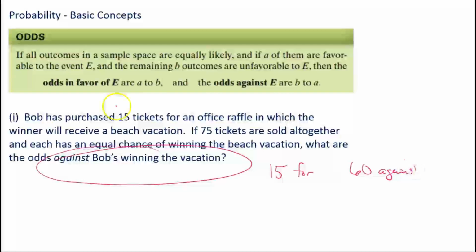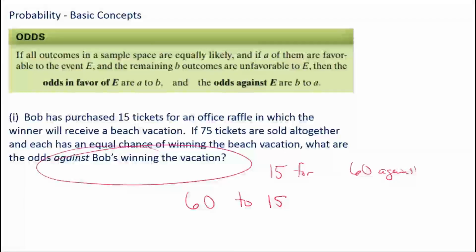So if they draw out one of the 15 he drew, he would win, right? If they drew out one of the 60 he did not purchase, then he would not win the vacation. So the odds against Bob winning would be 60 to 15, right? But we got to reduce that. You might notice they both divide by 5, but actually they both divide by 15.